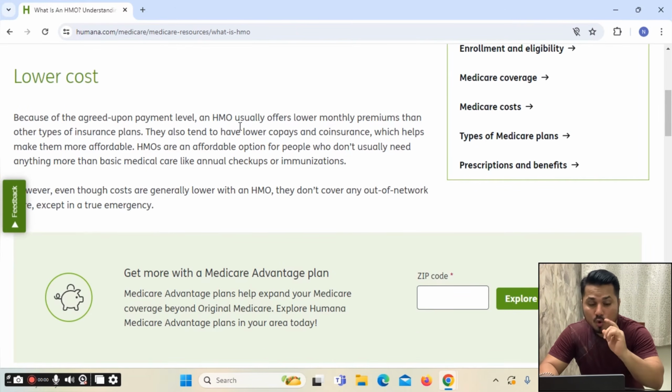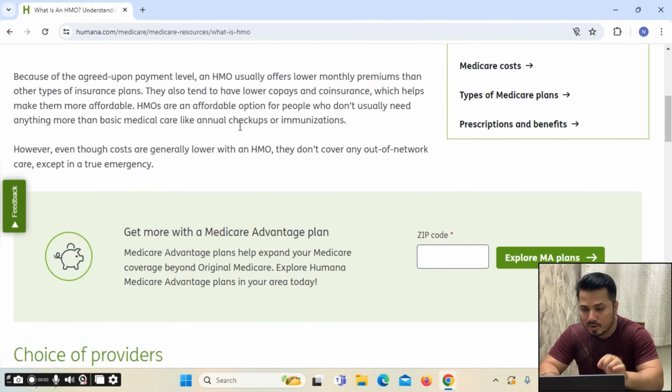First, lower cost. Because of the agreed upon payment level, an HMO usually offers lower monthly premiums than other types of insurance plans. They also tend to have lower copays and co-insurance, which helps make them more affordable.